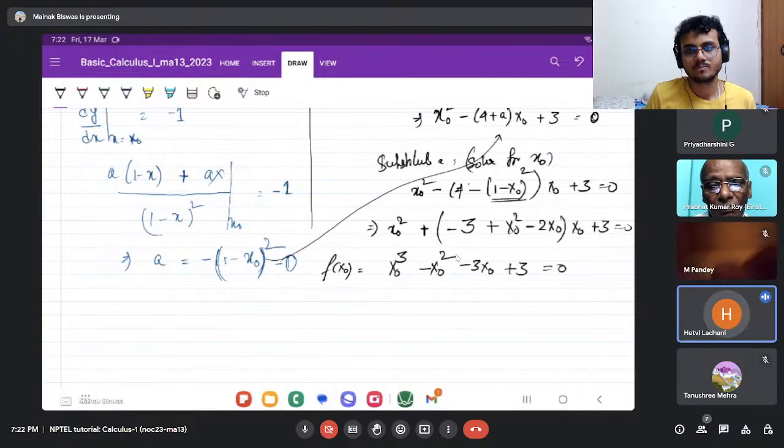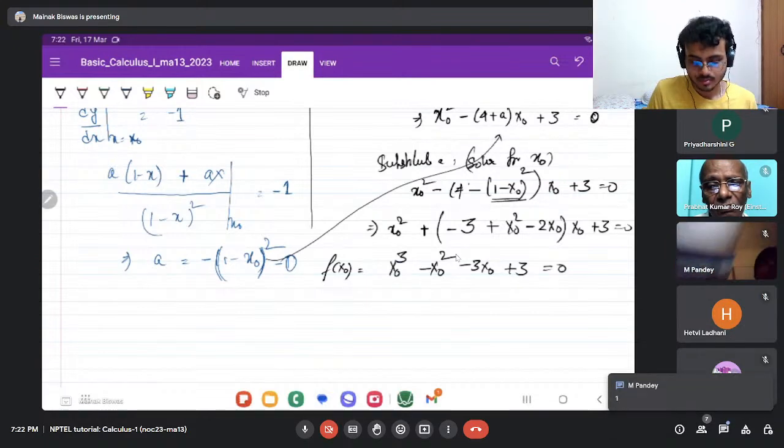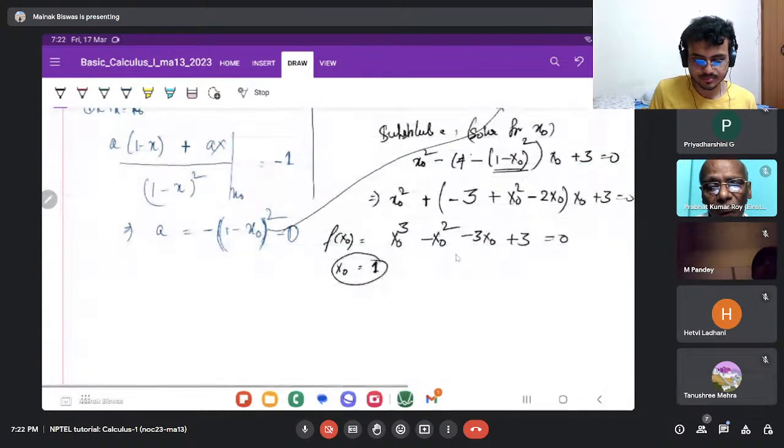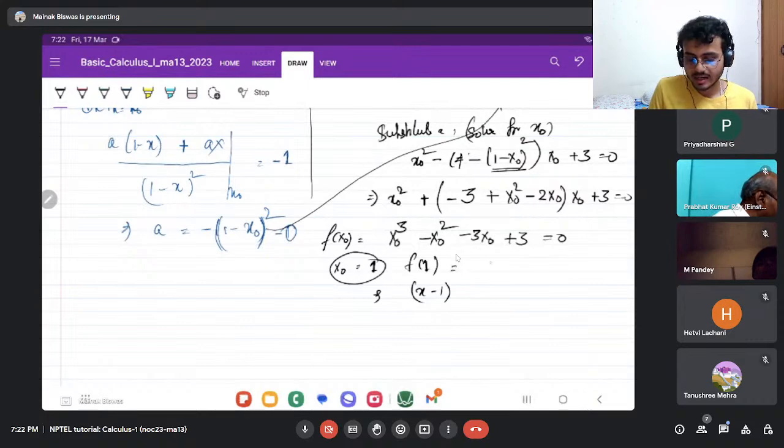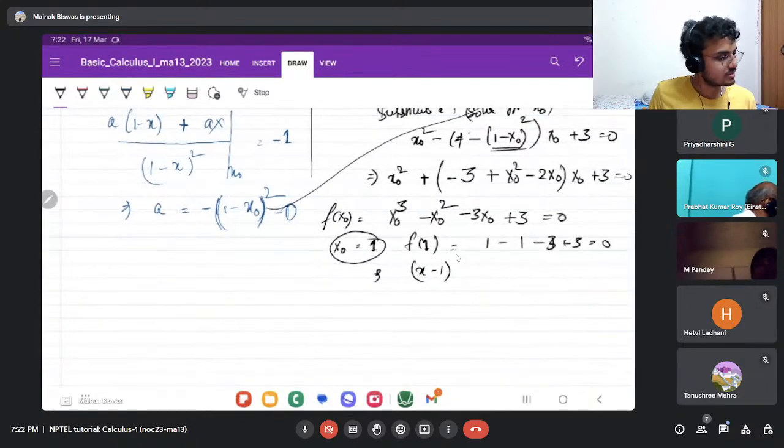X naught is equal to 1. So we can do a factorization like this. So x naught is equal to 1 will solve this for us. So this is x minus 1. If you put 1, you will get 1 minus 1 minus 3 plus 3. Is it 1 or minus 1? I did some mistake. It's 1 only. It's okay.